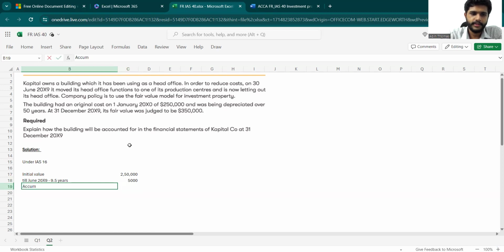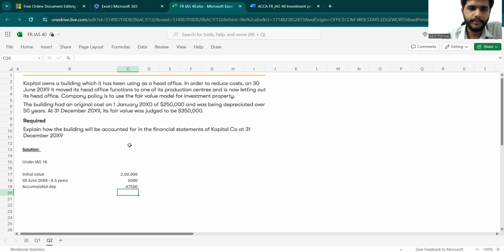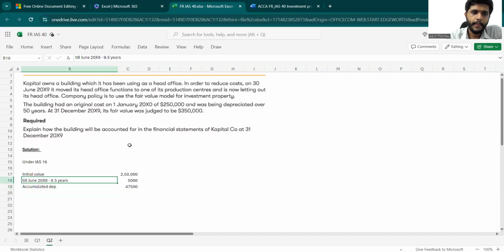The accumulated depreciation will be 5,000 times 9.5 years. It gives us 47,500 as the accumulated depreciation till June 20X9.